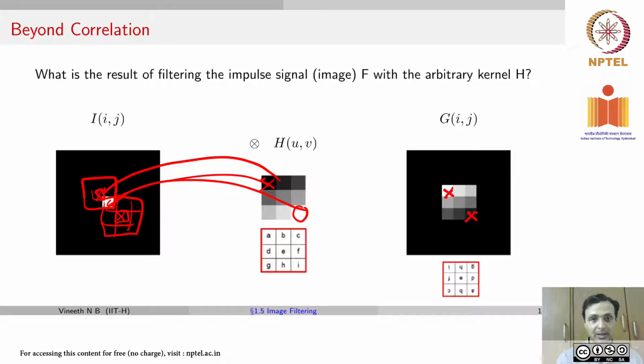Everything else would get multiplied by a 0 because of a black, and the output would be black itself because that's the value here. You can do this for every pixel and realize that the output here is going to be double flipped. This is something that we did not expect.